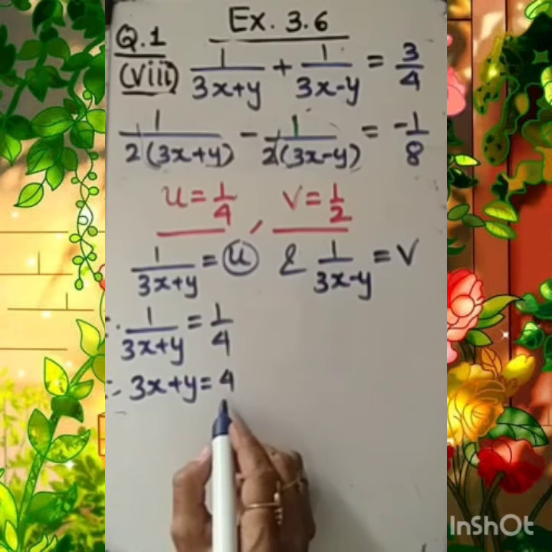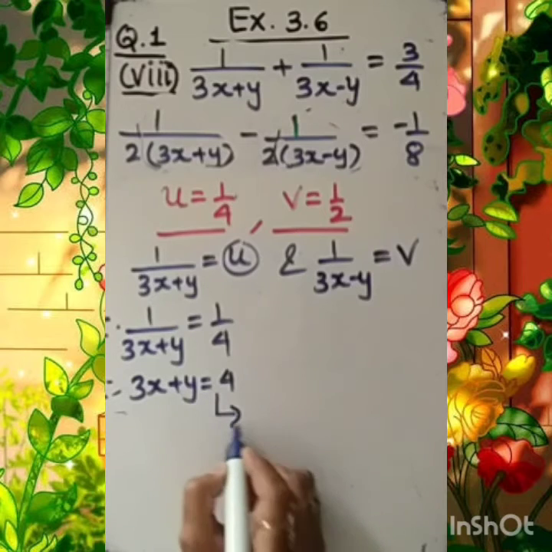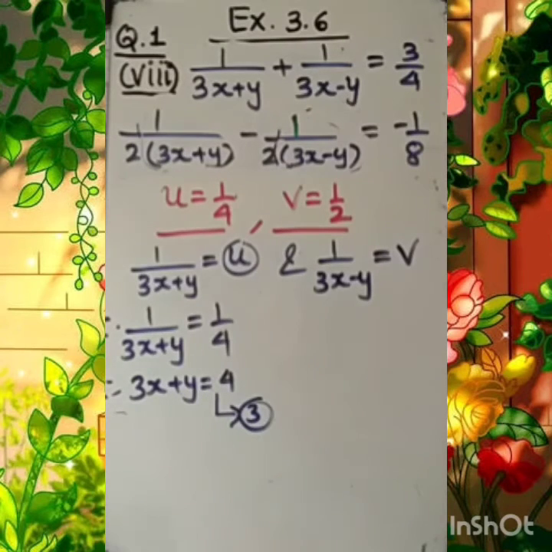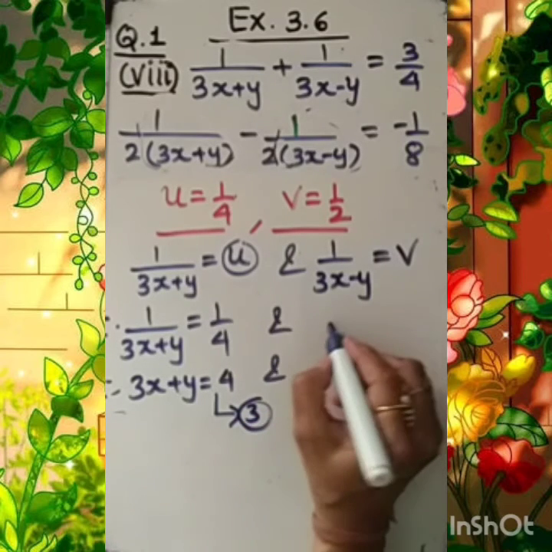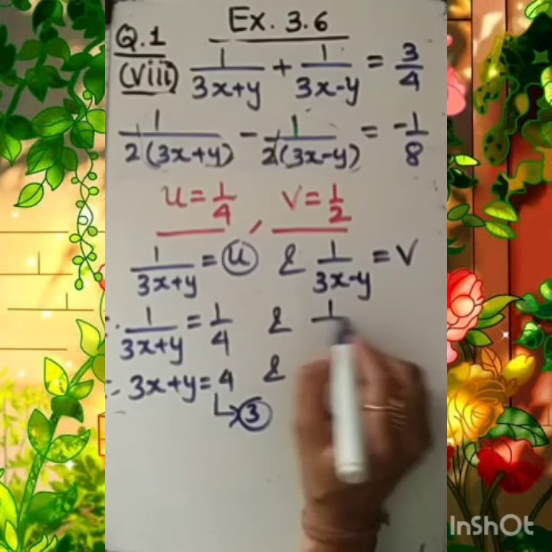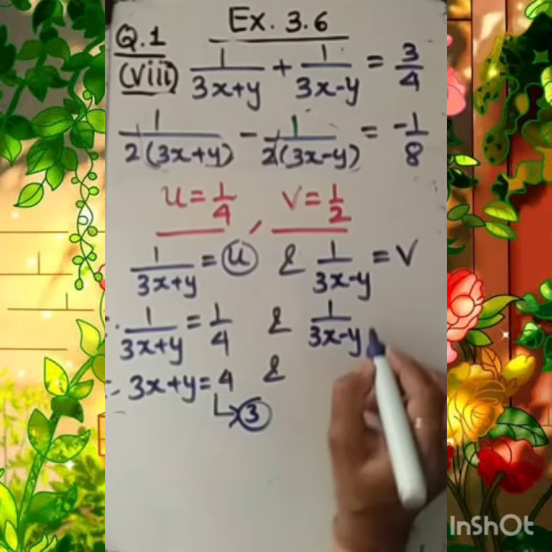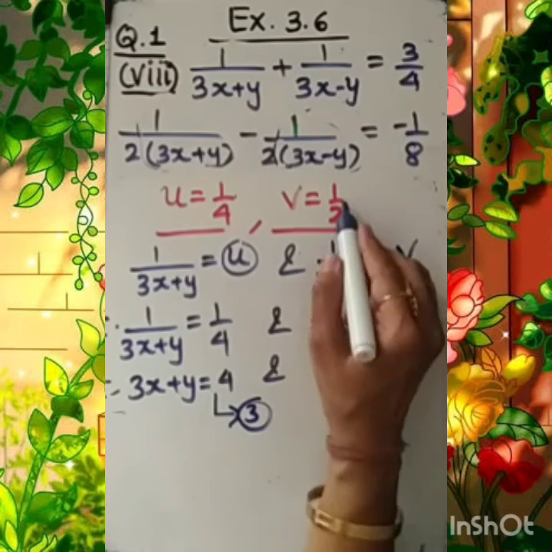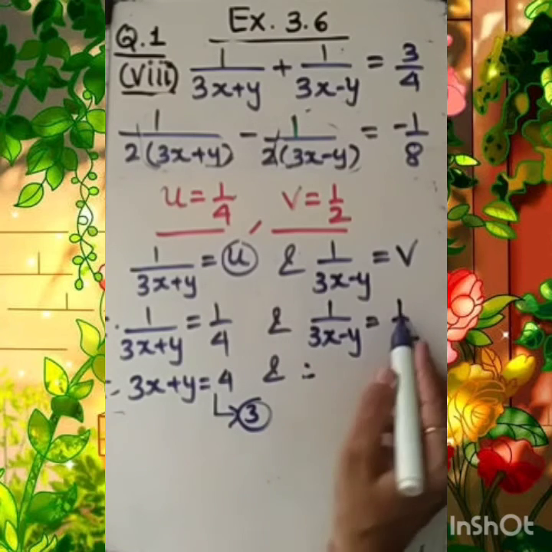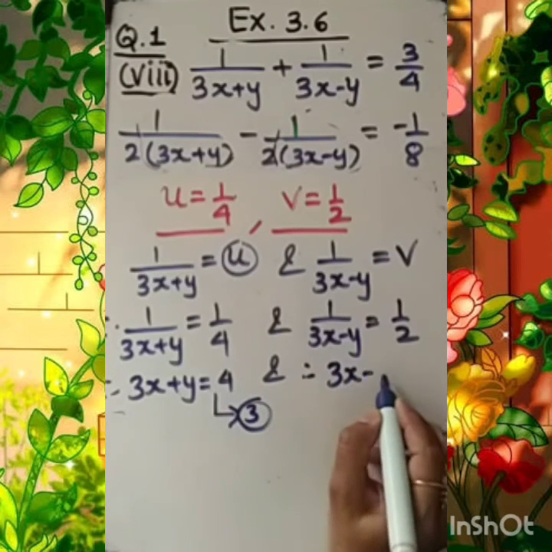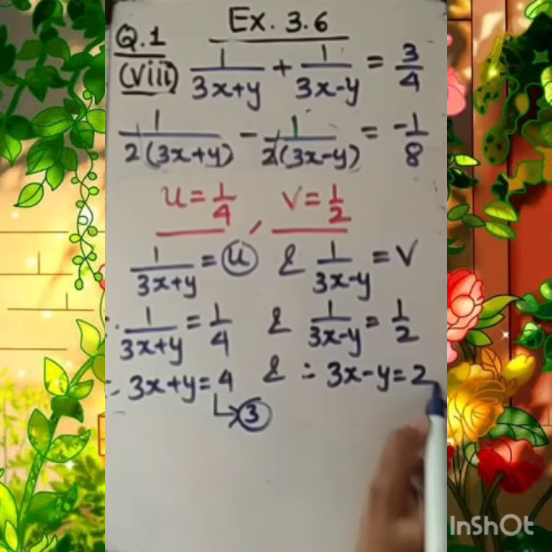We will call this equation number 3, as we did in the previous question. And now here also, the value of v we got is 1/2. Let's do cross multiplication. Then we will have 3x minus y equal to 2.